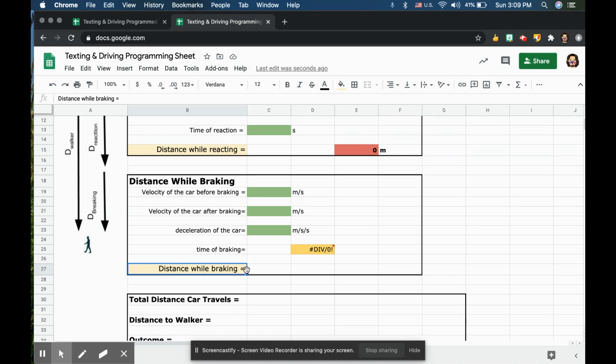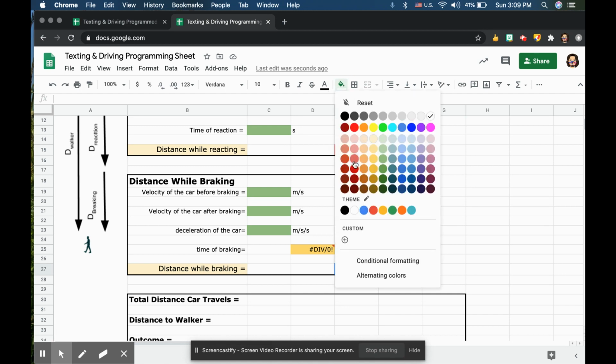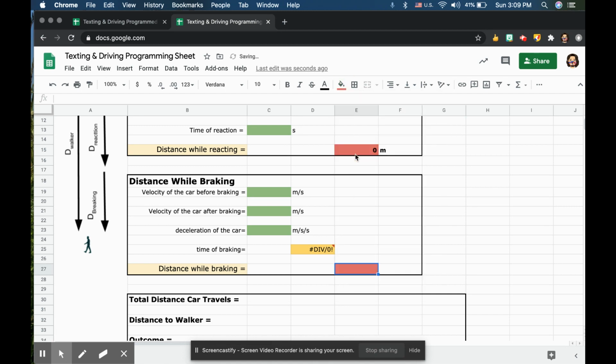Since this is my last needed output or calculation, I'm going to go over to E27. I'm going to change that color to red to match my other ones. Before I do that programming, I'm going to put in my units so I don't forget, which is meters. And then I'm going to go back into E27 and start my programming.